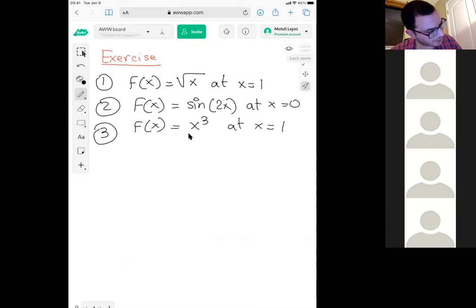And of course, okay, let me write down the question. Find the equation of the tangent line.